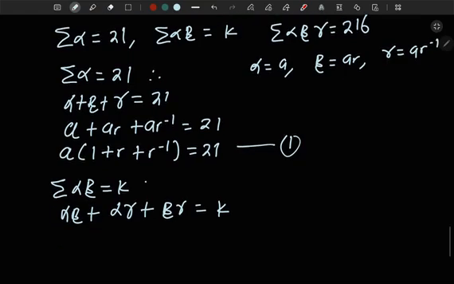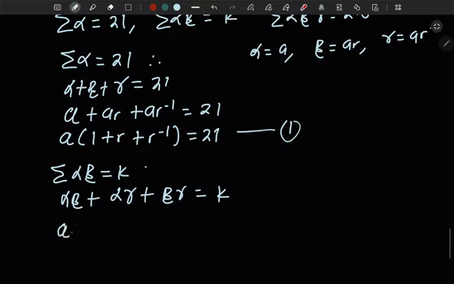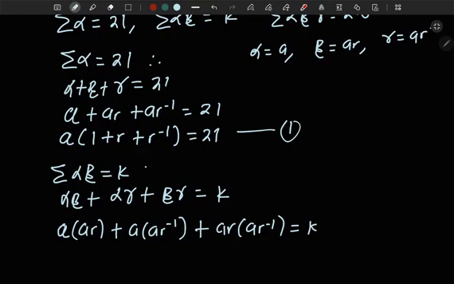We substitute alpha to be a, beta to be ar, and gamma to be ar to the power minus 1. That's a times ar plus a times ar to the power minus 1, then ar times ar to the power minus 1 equals k.